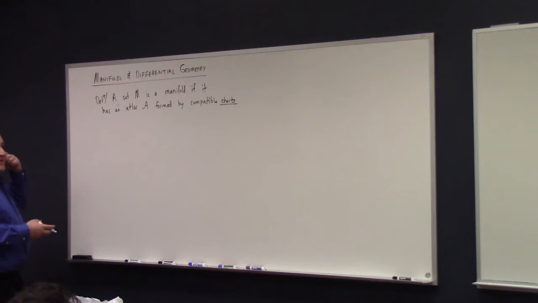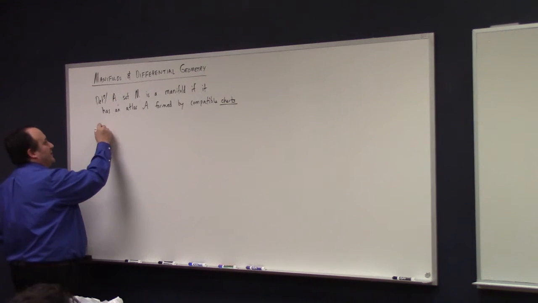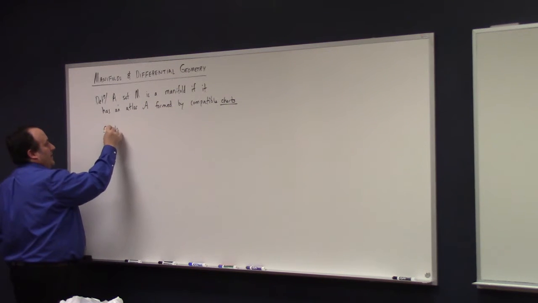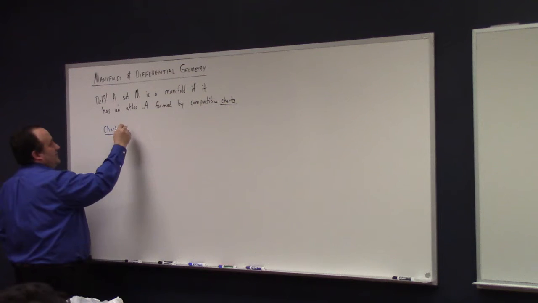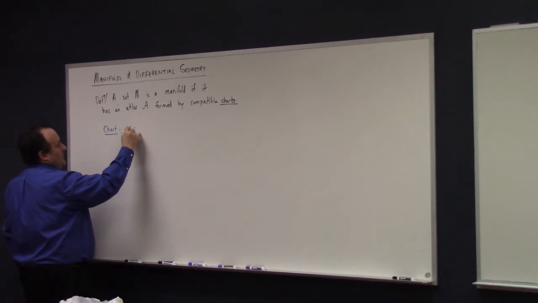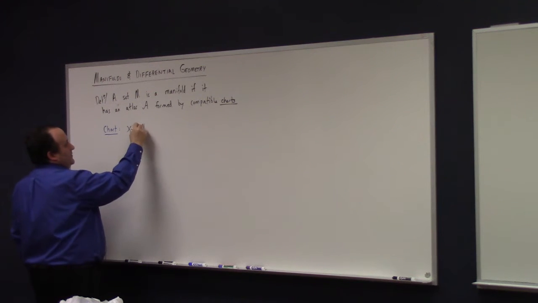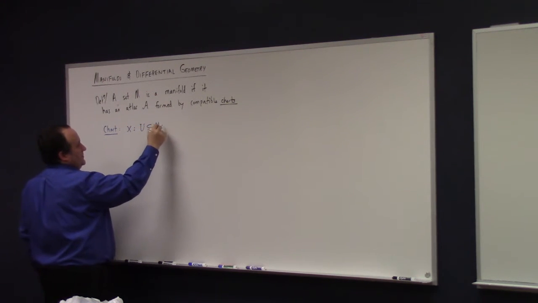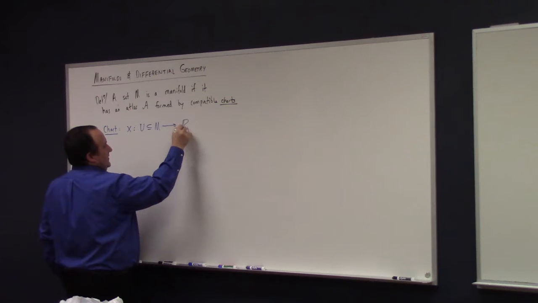But in a nutshell, what's a chart to start with? A chart is going to be X, let's say, a mapping from U, a subset of the manifold, to, let's say, Rn.